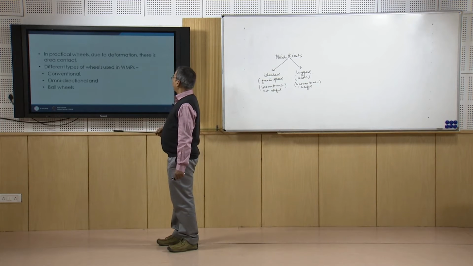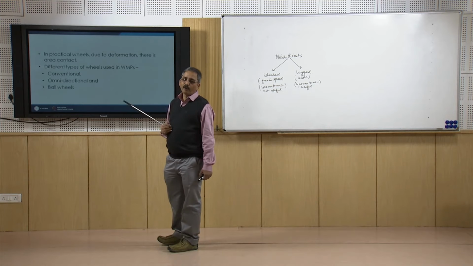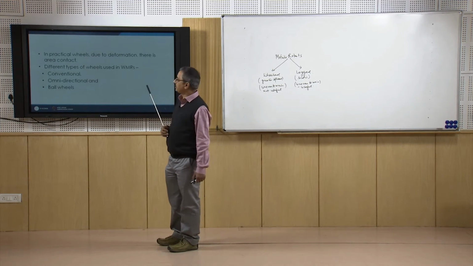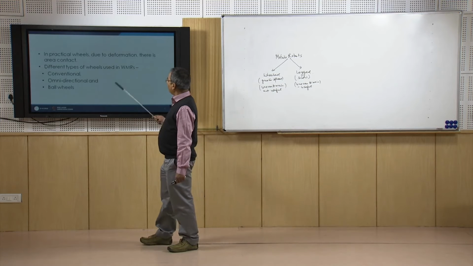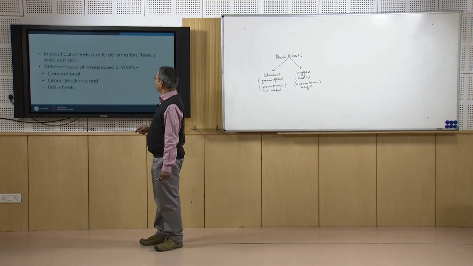In practical wheels, due to deformation, there is area contact and we rarely find point contact between the wheel and surface. There are different types of wheels which are used in wheeled mobile robots.